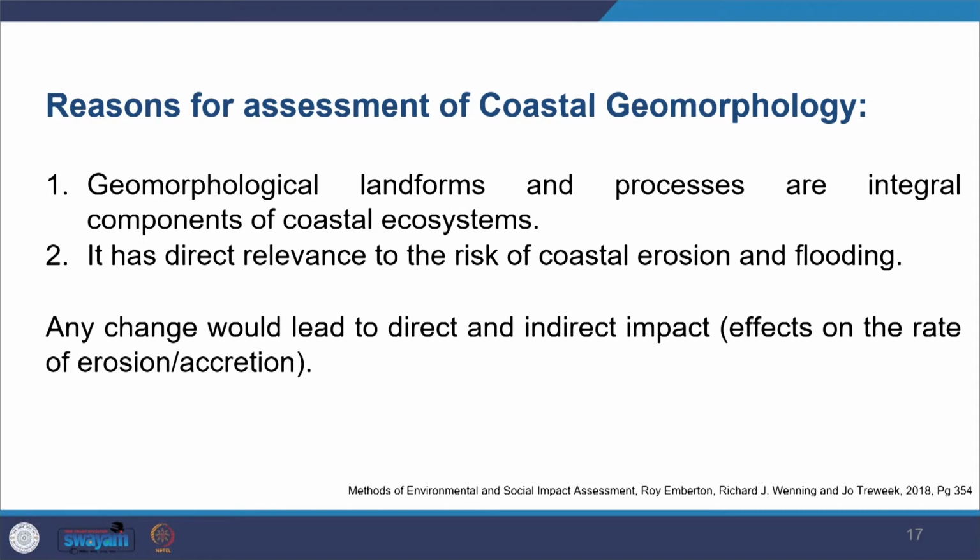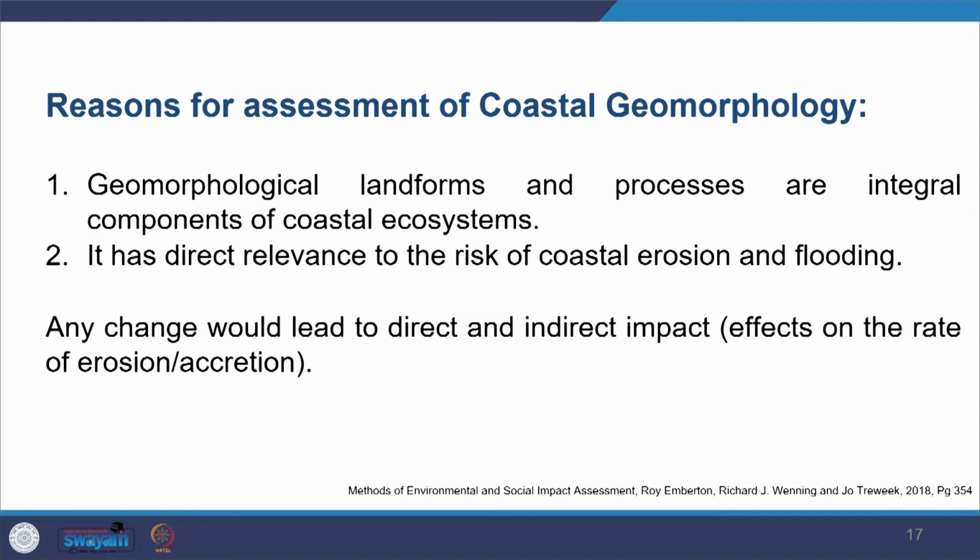So what the processes are, how the forms are, so they eventually influence the coastal erosions and flooding. So it has a very direct implication in EIA. So any kind of change in this would lead to direct and indirect impact, since it has that relationship with the risk in the coastal area, so you would have erosions and flooding, all this can happen here.